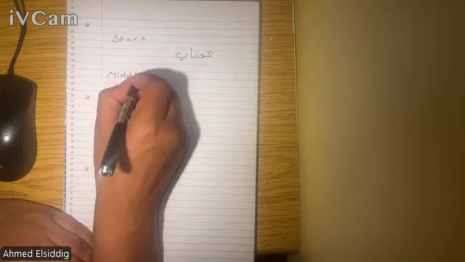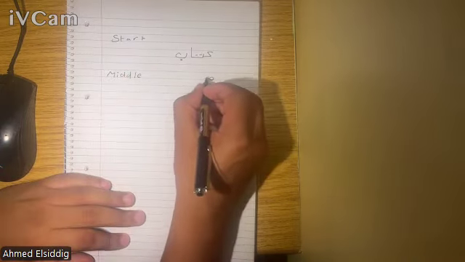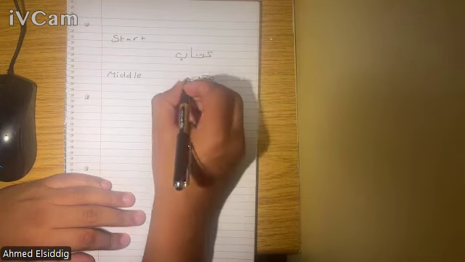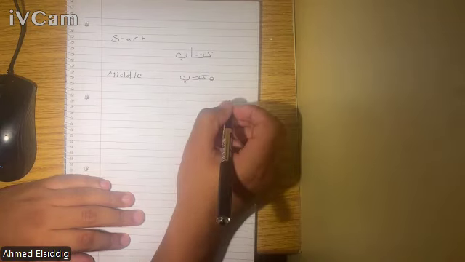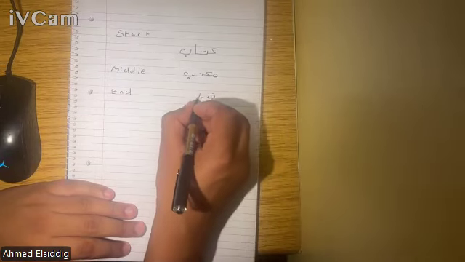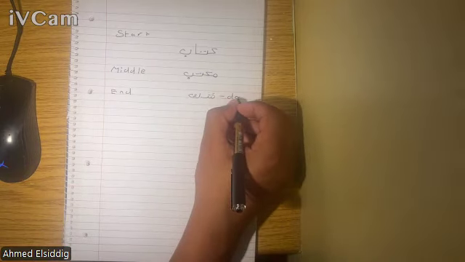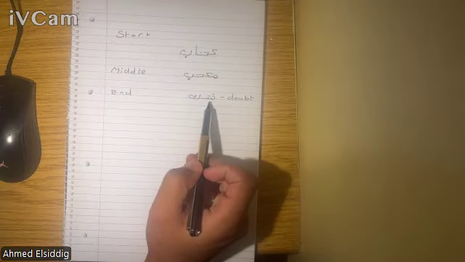In the middle, it is, for example, maktab, maktab. Okay. And at the end, we can say shak, which means doubt. Okay, you can say shak here.